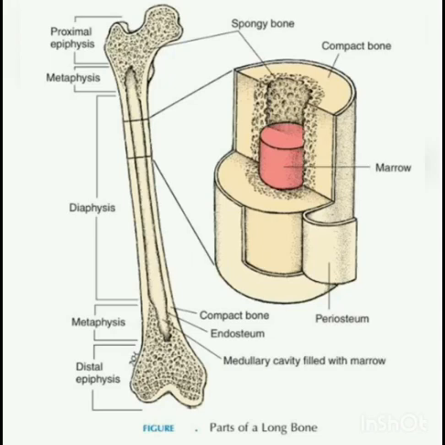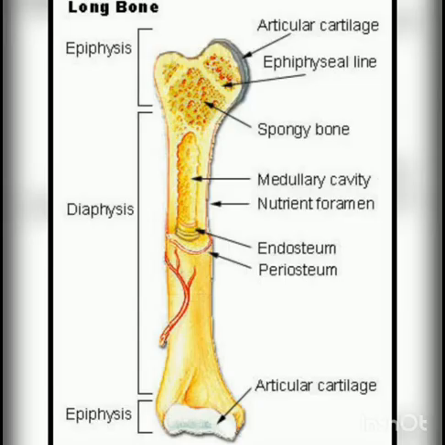So the inner layer consists of osteoblast and osteoclast cells. In addition, there are primitive stem cells, that is osteoprogenitor cells. Between the epiphysis and diaphysis is the growth plate or epiphyseal plate. So you have to draw a diagram for this long bone and you have to explain this.